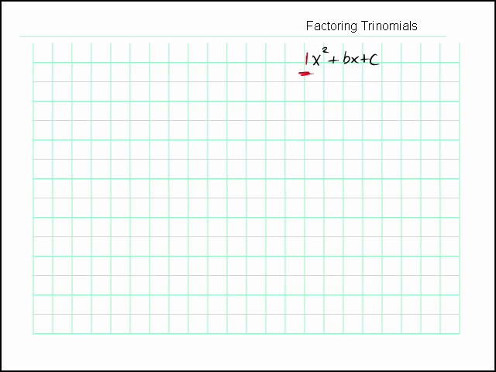Let's first take a look at this. If we have x plus 5 times x plus 2, and we were to FOIL it out, we get x squared plus 2x plus 5x. This gives me a total of 7x plus 5 times 2 is 10.